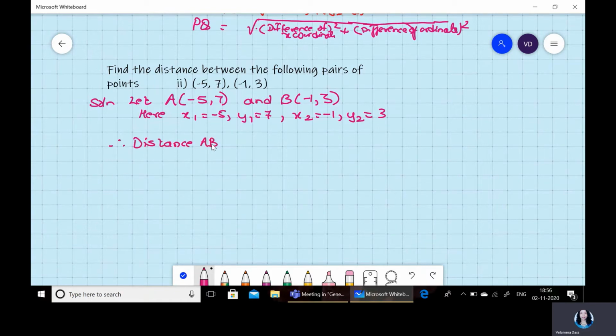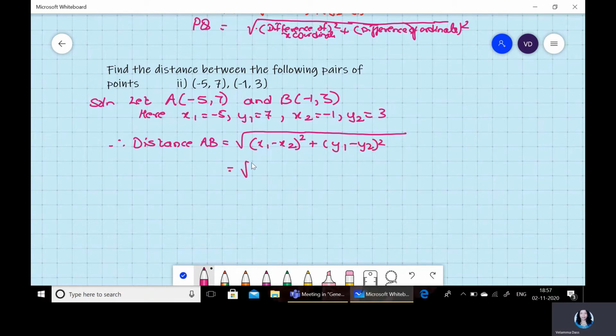So distance AB, we write the formula. We can start with either x1 minus x2 or x2 minus x1, any formula I can write. So the square root of (x1 minus x2) the whole square plus (y1 minus y2) the whole square.